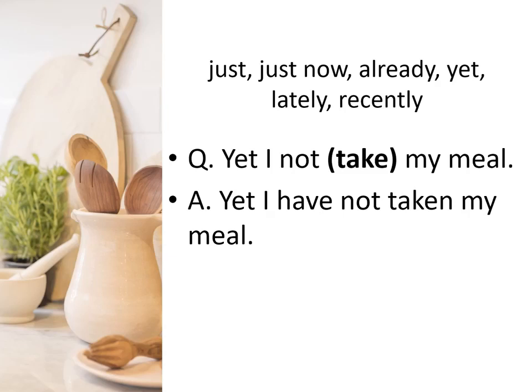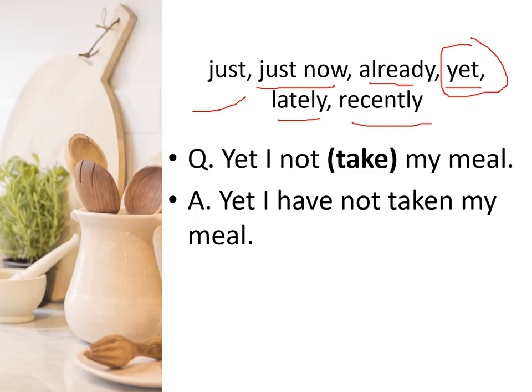Okay, my dear learners, here are some signal words of present perfect tense: just, just now, already, yet, lately, recently. We have discussed lately and recently. There is another word, yet.